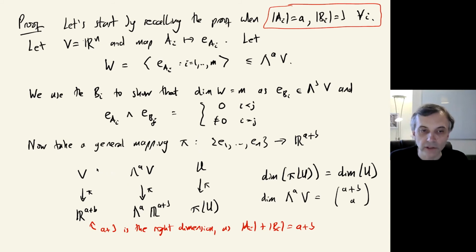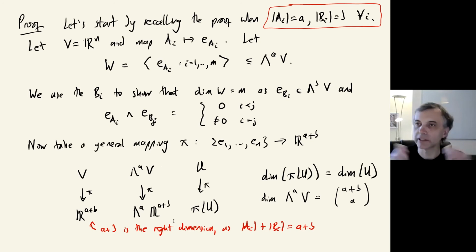V maps to R^(a+b), that's just the projection we're taking, and I claim a+b is the right dimension, the sum of the sizes of the sets. The a-th exterior power maps down to the a-th exterior power of R^(a+b).